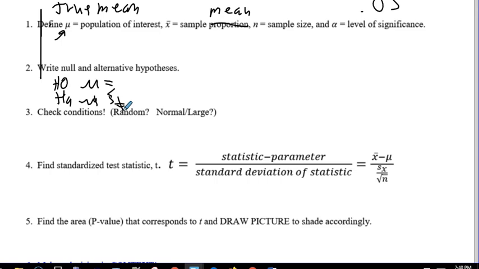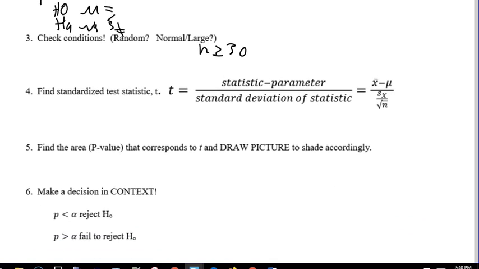We're going to check conditions in step 3 like we've been doing. Does it tell us it's random? Usually it will. Does it tell us it's normal? If it doesn't tell us it's normal, n has to be greater than or equal to 30.